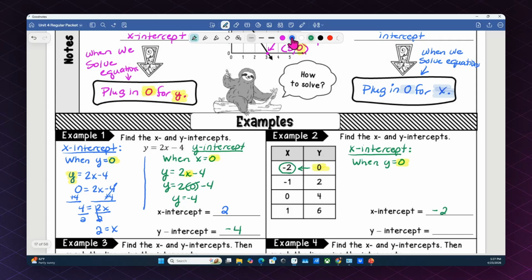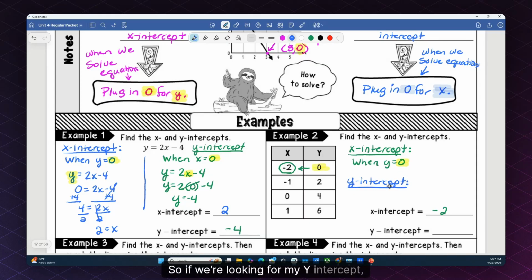We could do that the other way. We're going to find our y-intercept. And remember, it's like an xy pair, right? So if we're looking for my y-intercept, the thing that's going to be 0 is x. So I'm just going to write that down: when x equals 0.